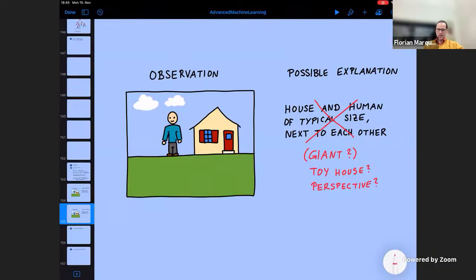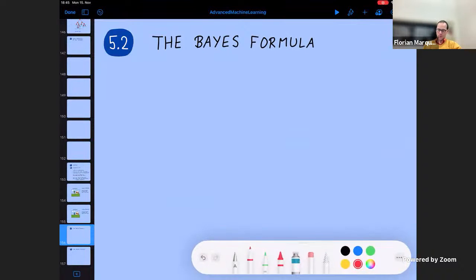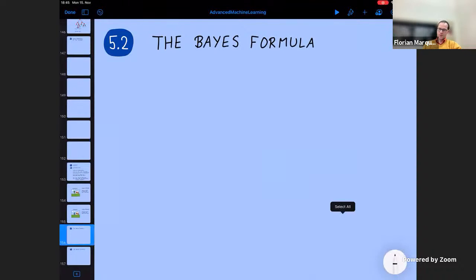And so let's then switch to discussing this in mathematical detail, and we are going towards the Bayes formula. But before we go there, we have to talk briefly about conditional probabilities.